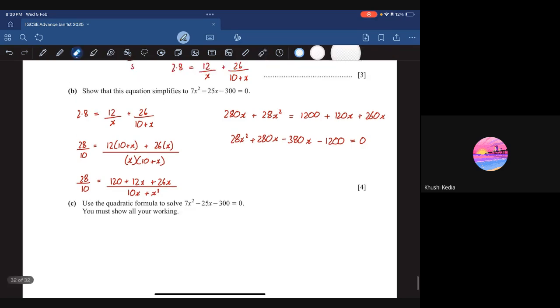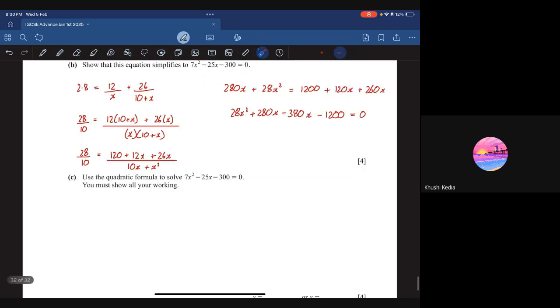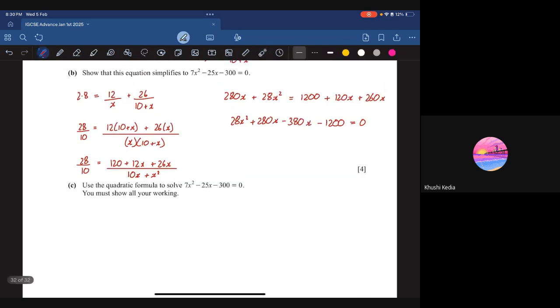In the end of Kushi's method, she had to divide everything by 2. But for me, it is not going to be the same case. So over here, you can clearly see that it's 28x squared minus 100x minus 1200, which is equal to 0. And you divide it by 4. The reason why I'm dividing it by 4 is because I need to convert it to this. So it's going to be 7x squared minus 25x minus 300.